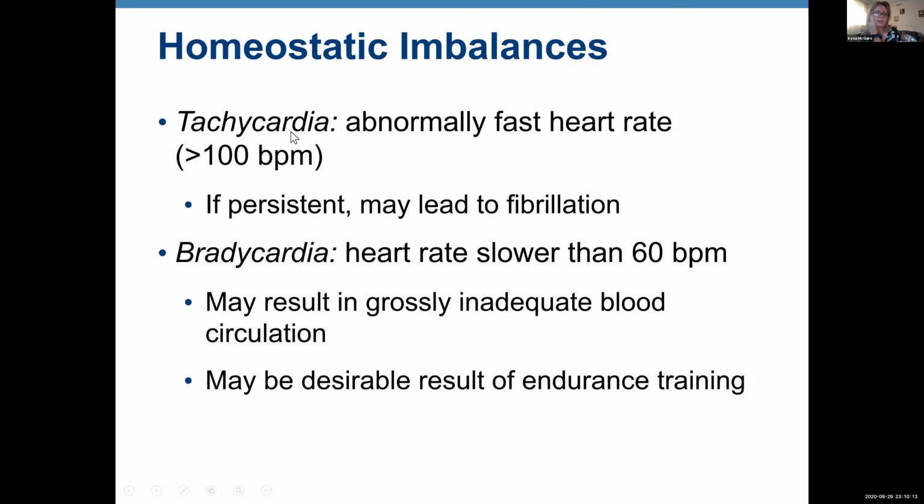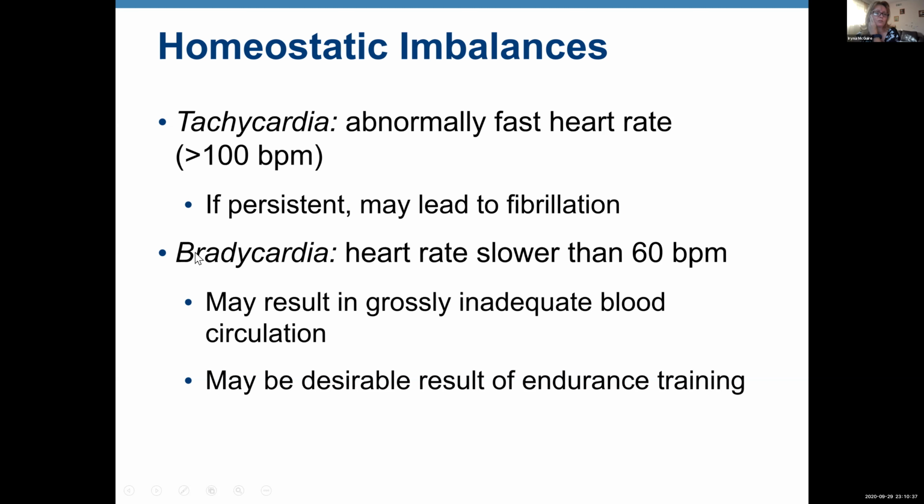Homeostatic imbalances. Tachycardia, an abnormally fast heart rate, more than 100 beats per minute. If persistent, it may lead to fibrillation. Bradycardia, heart rate slower than 60 beats per minute, may result in grossly inadequate blood circulation, but may be a desirable result of endurance training, right?